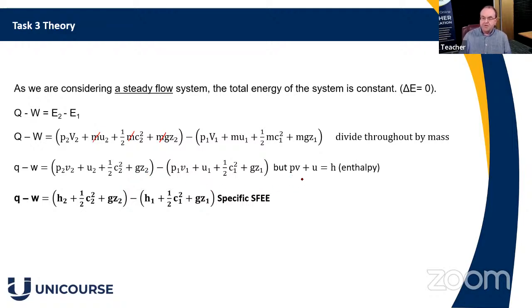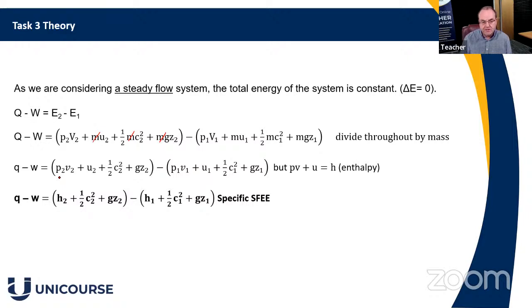However, there's a property that we haven't come across before, which we refer to as enthalpy. Enthalpy is made up of the internal energy of the fluid due to its temperature, and its pressure and volume ratio. So PV plus U is equal to H, the enthalpy term.